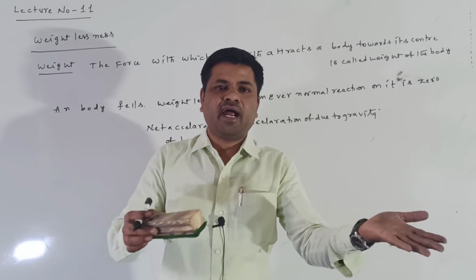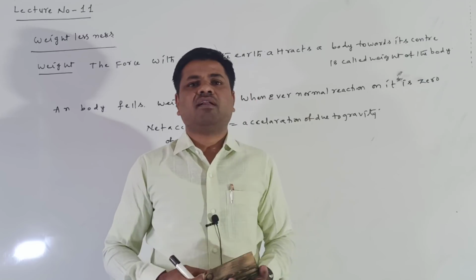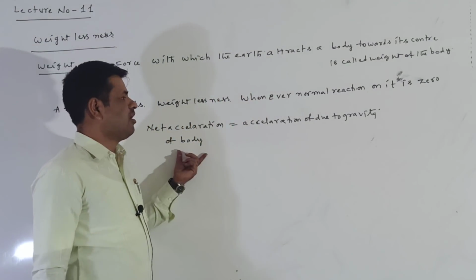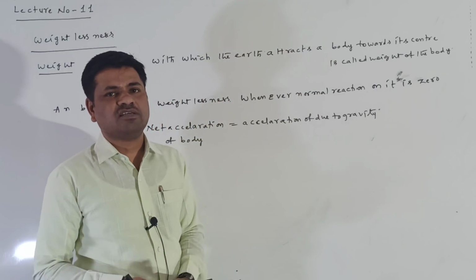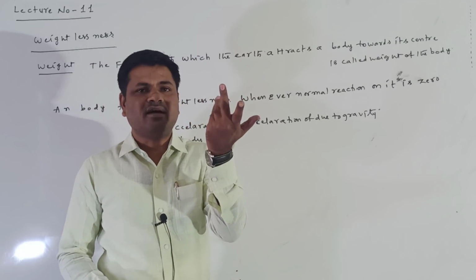When I suddenly remove the hand, it falls down. It is in the state of free fall. When it is in free fall, the net acceleration of the body is equal to the acceleration due to gravity. In this case, the normal reaction is 0, because when it is freely falling only the weight is acting, the normal reaction is not acting.